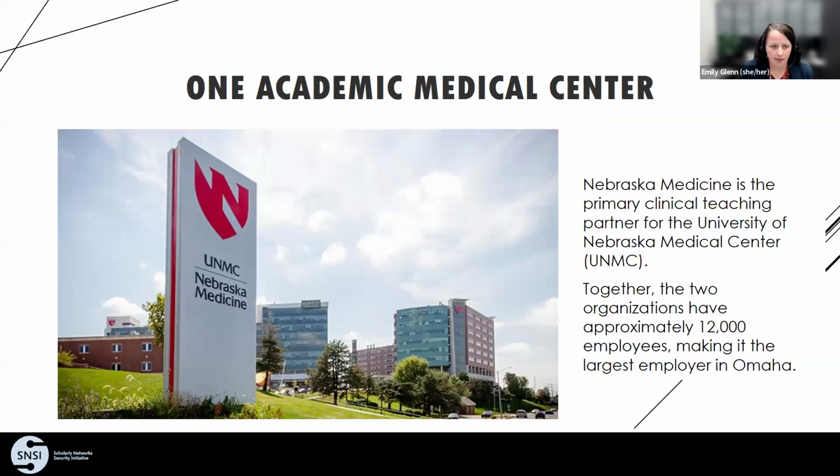So the setting: I work in an academic medical center, so that is a university and teaching hospital that's combined in many ways. The University of Nebraska Medical Center is spread across 500 miles and is spread in 4 physical locations. We have one hospital system that has multiple clinics that provides training space for students.